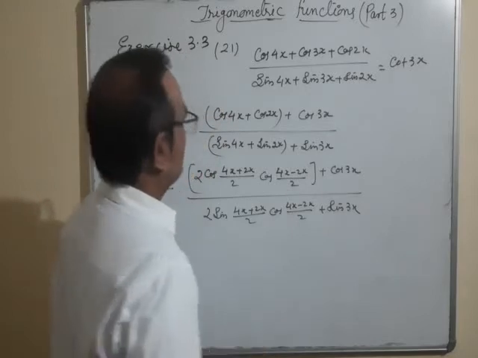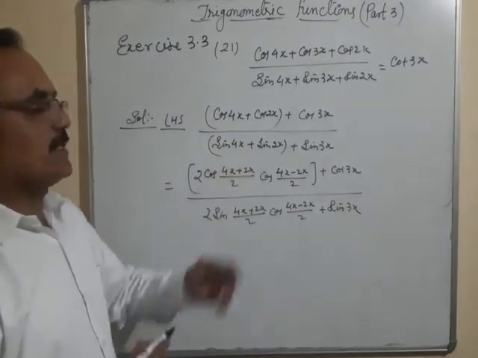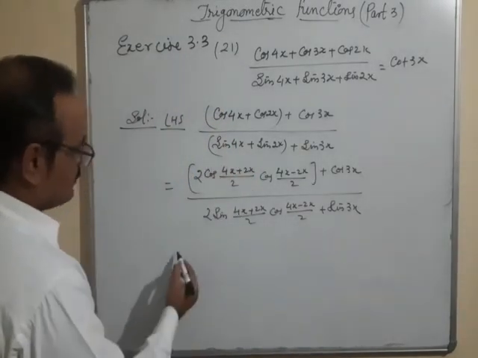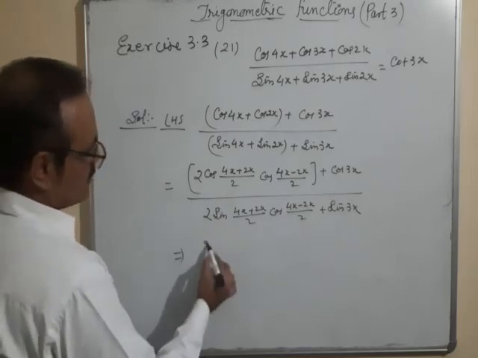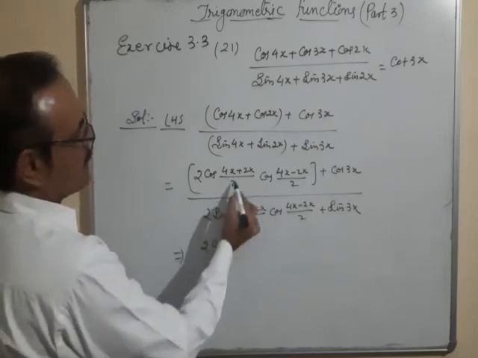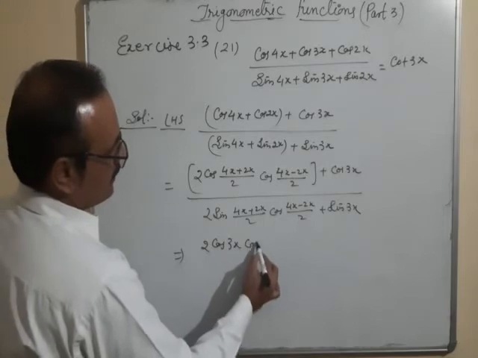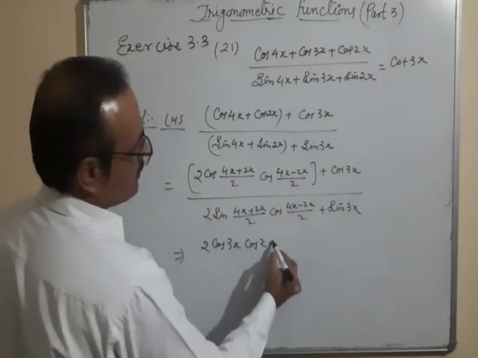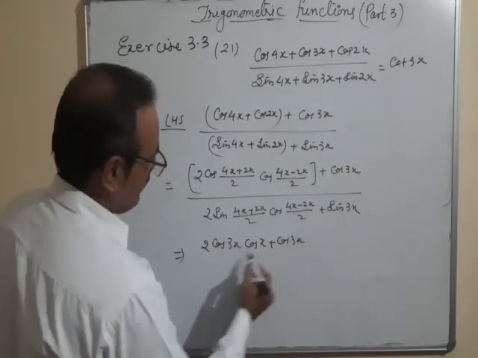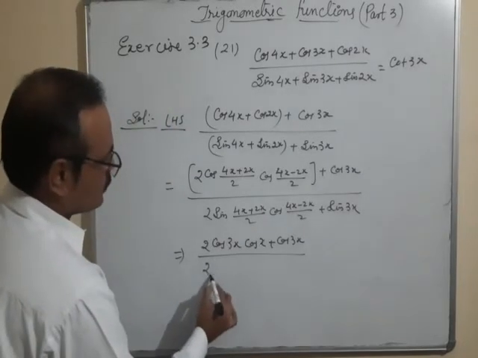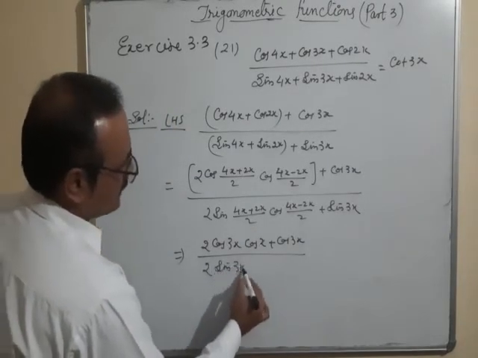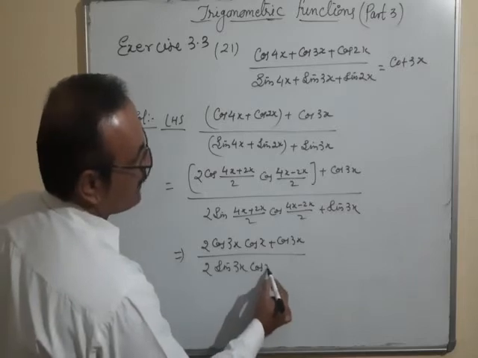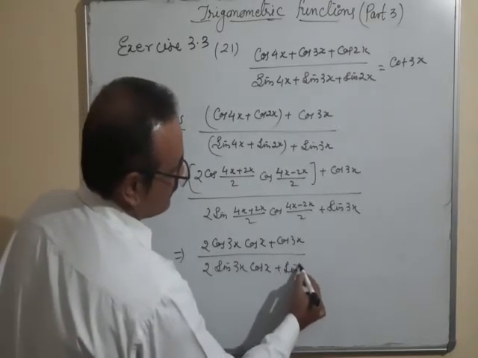These are the two formulas we have used here. So it is 2 cos 3x cos x plus cos 3x, upon 2 sin 3x cos x plus sin 3x.